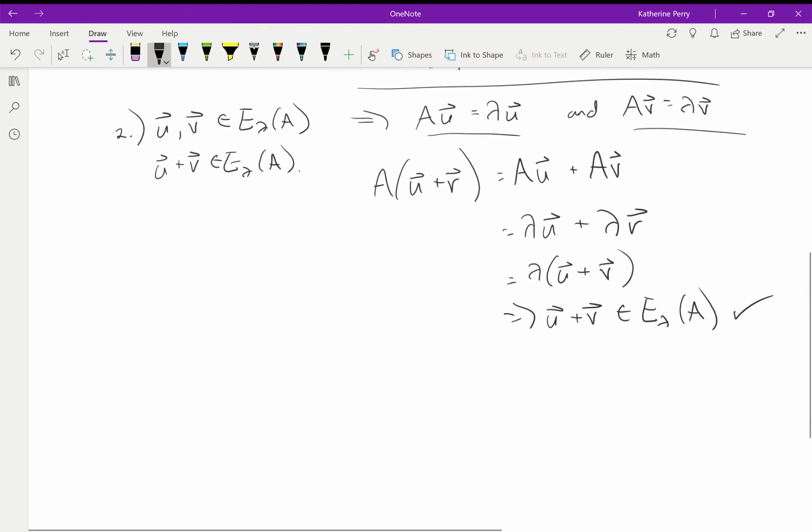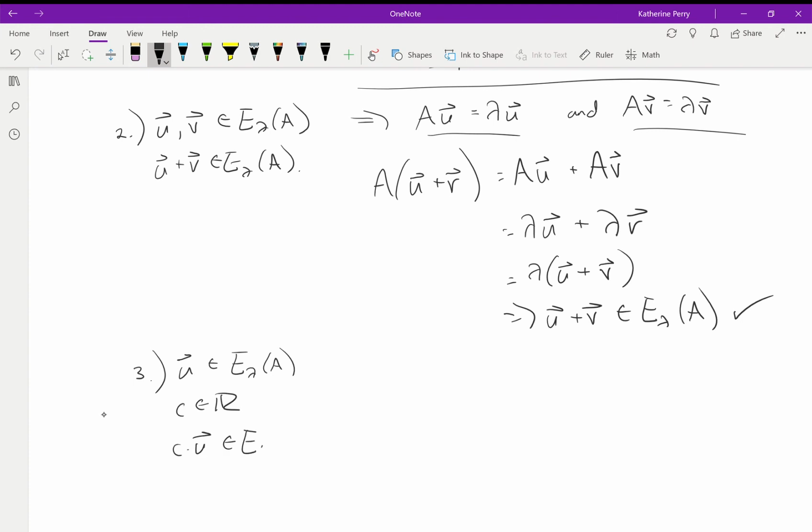Okay, and lastly, and this follows very similarly, if I have U in my space and c in R, then I want that c times U is in my space.